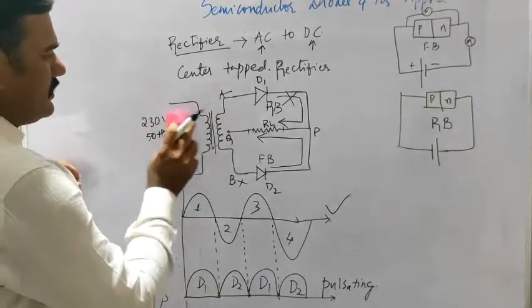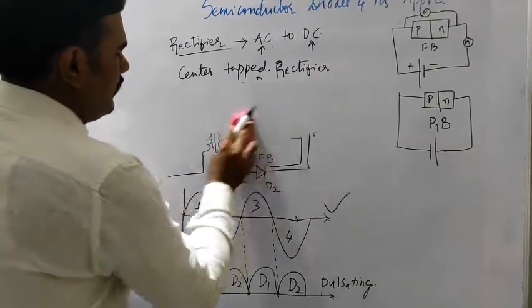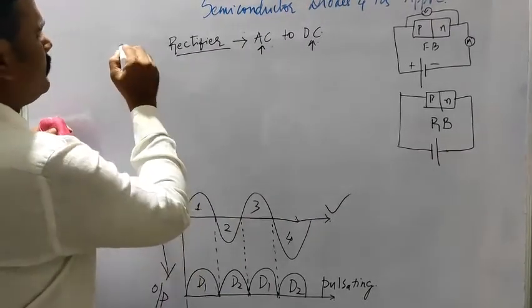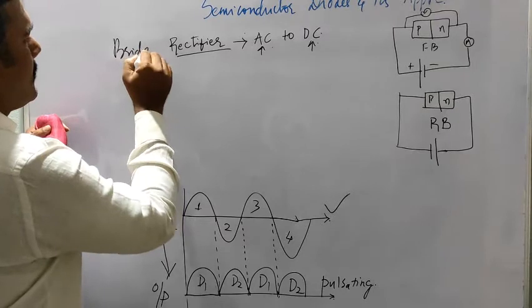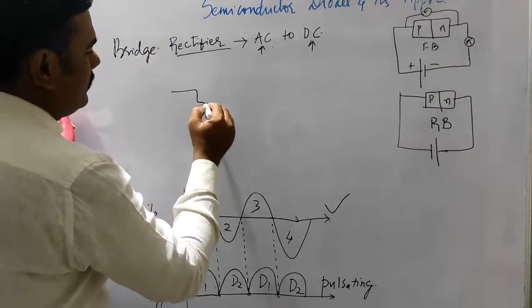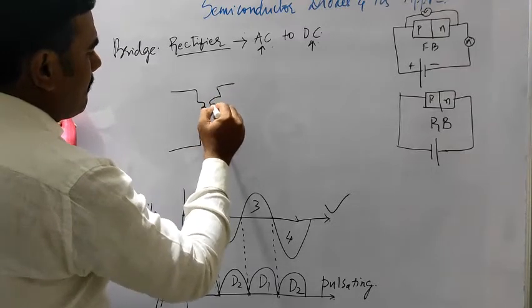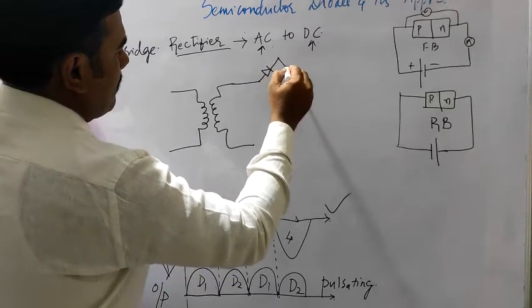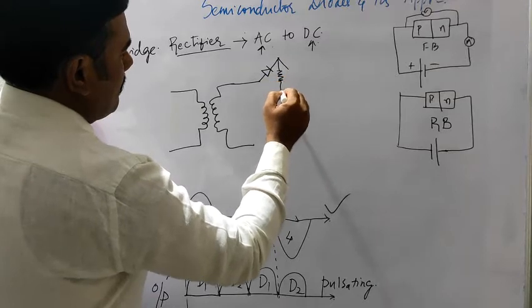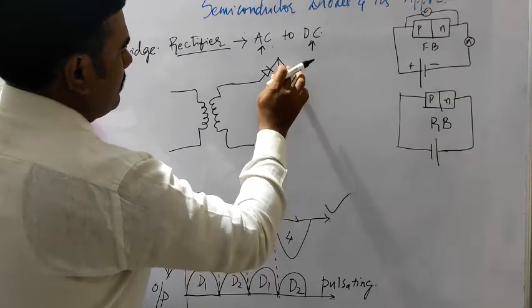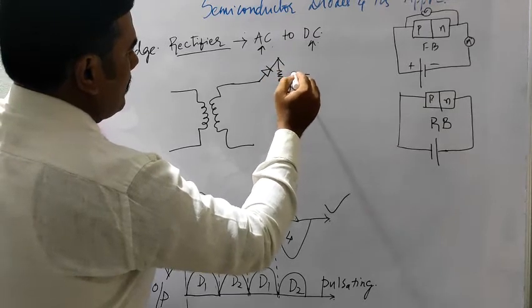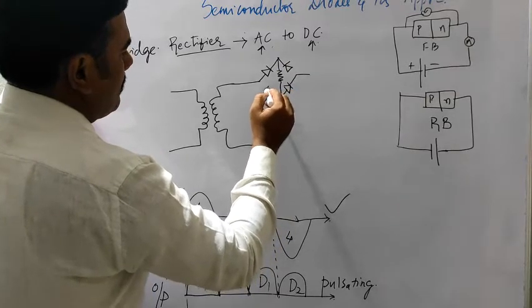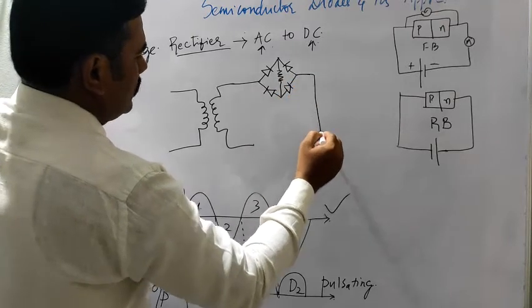But when we look at the third classification, which is the full wave bridge rectifier, if I draw the circuit, the circuit looks like this.